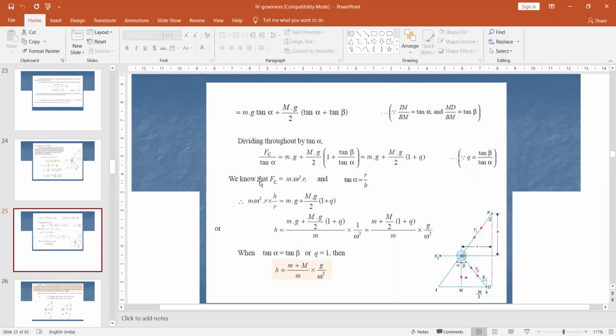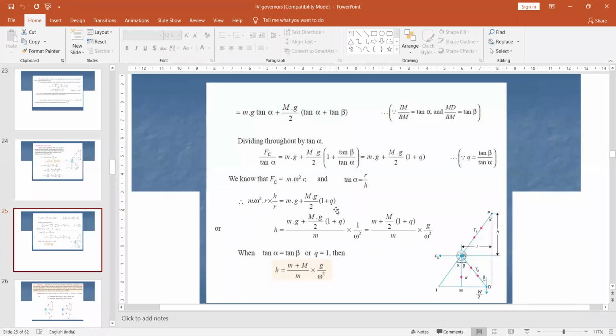Okay, now we know that Fc equals m omega square r, and tan alpha equals r by h. Those values we substitute into our equation. So m omega square r, by r by h, that is r into h by r, equals small mg plus capital Mg by 2 into 1 plus q.